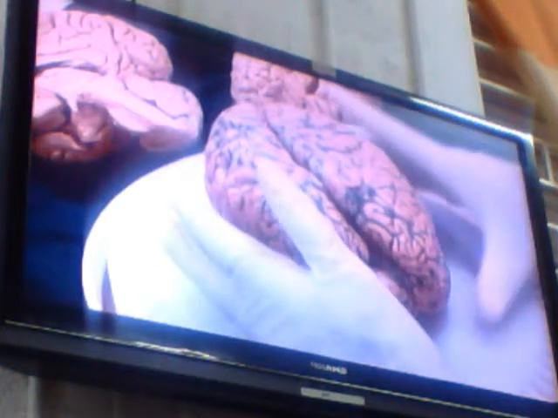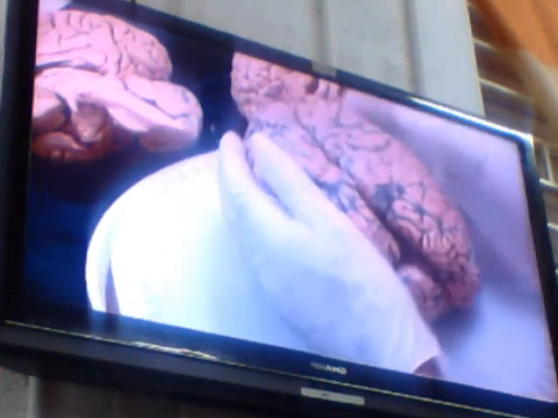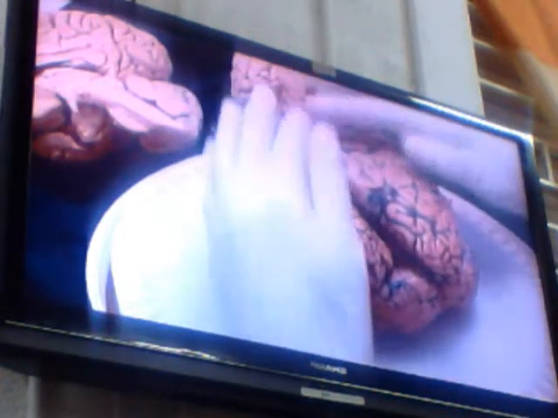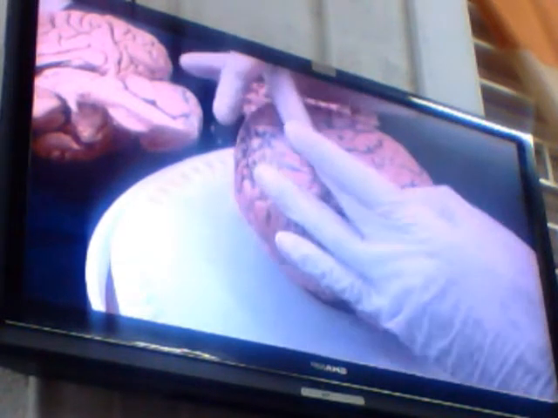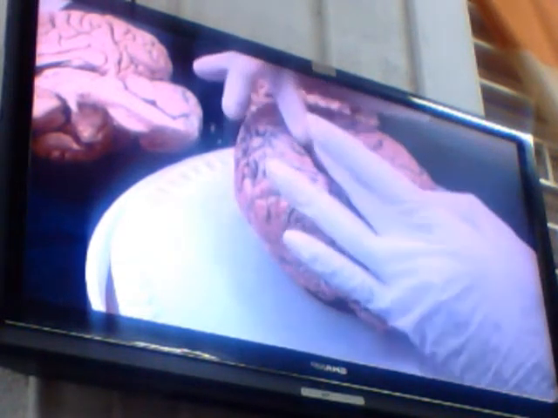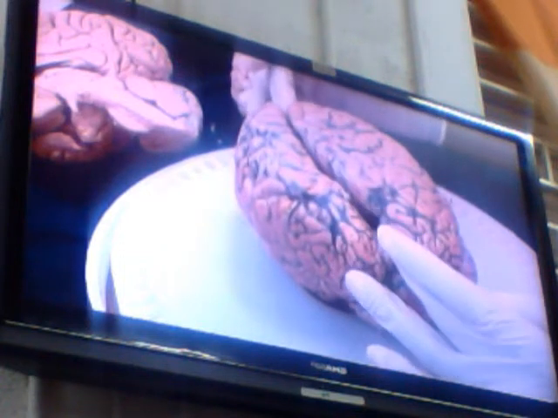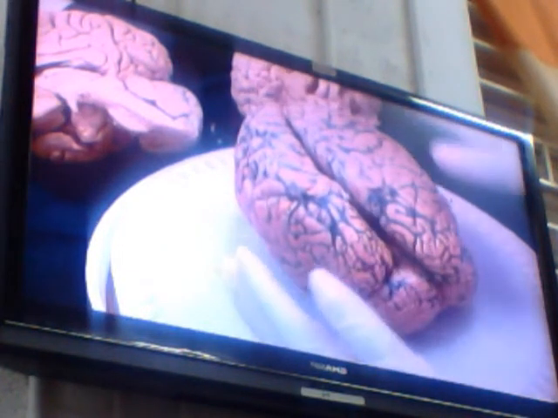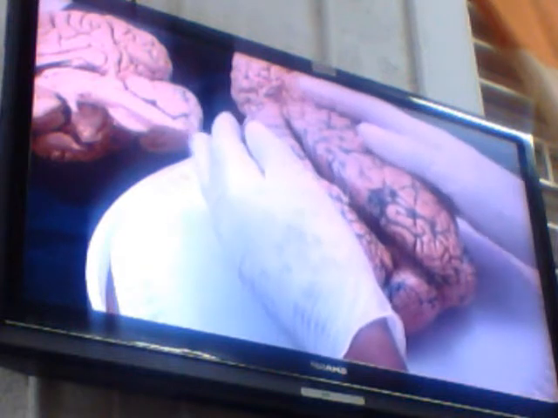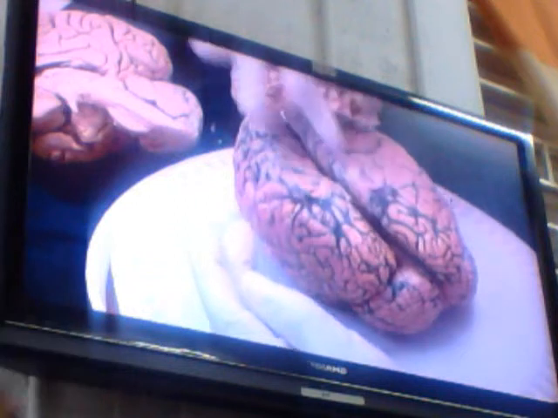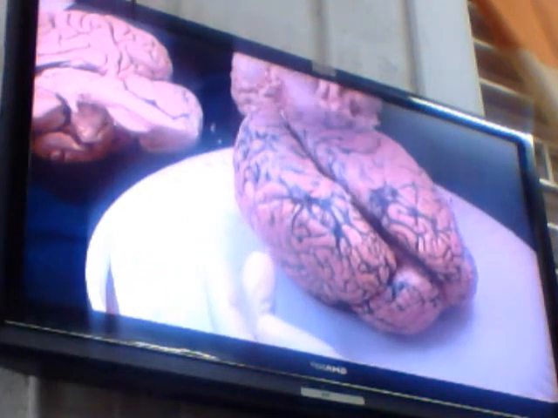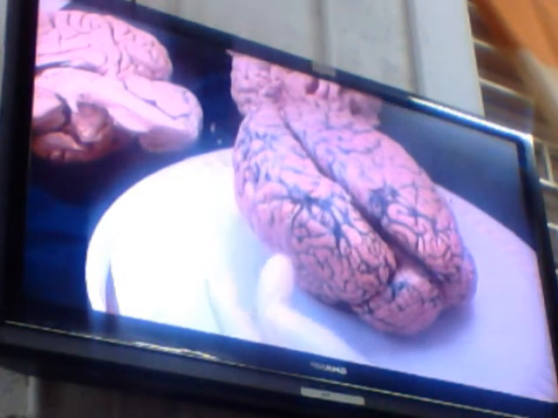Now, the surface, as you notice, is covered, arachnoid covers it. And in the center, there is a partition that separates the right side from the left side. And you know that partition is formed by the falx cerebri.